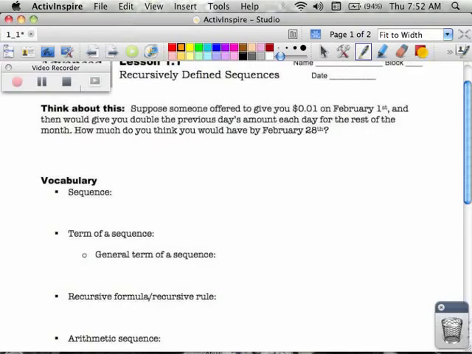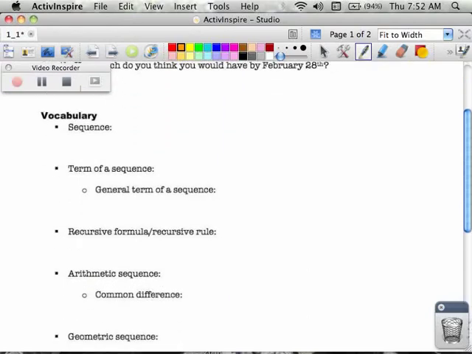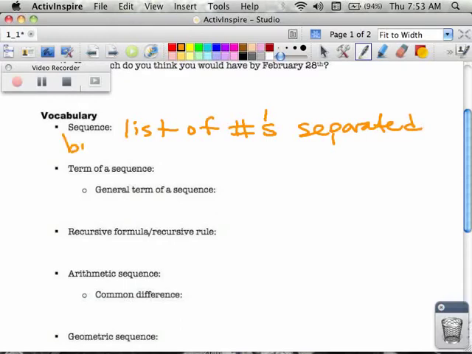And so a sequence is a list of numbers separated by commas. For example, 1, 7, 12, 25.